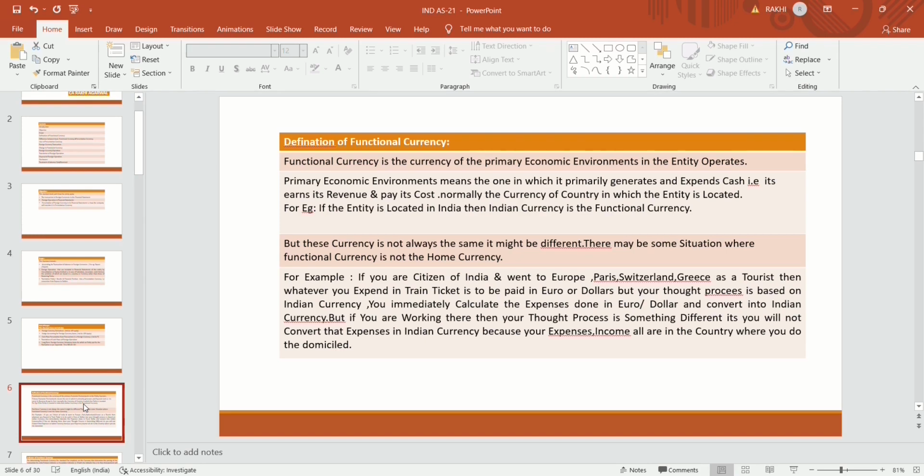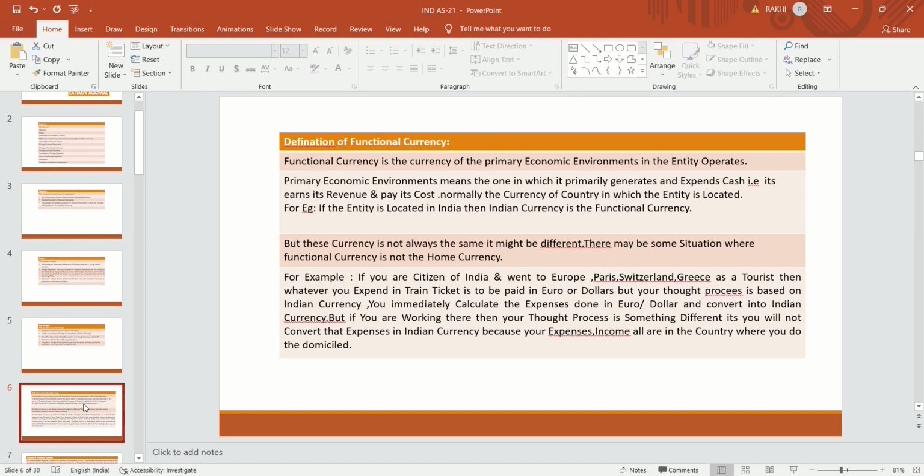This is the example where a person belongs to India and went traveling to Europe. So his thought process is totally based on India, so his functional currency becomes INR. But a person who belongs to Europe, spends in Europe and earns in Europe, does not think from the Indian perspective.